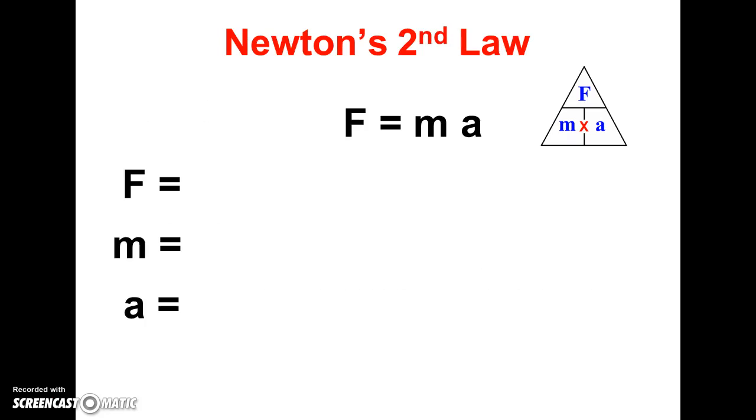Here's an example of using Newton's second law. If you are given 2 of the 3 variables, you should be able to solve for the third. So if we're given a mass of 10 kilograms and an acceleration of 3 meters per second squared, we should be able to calculate the force. The equation is F equals ma.